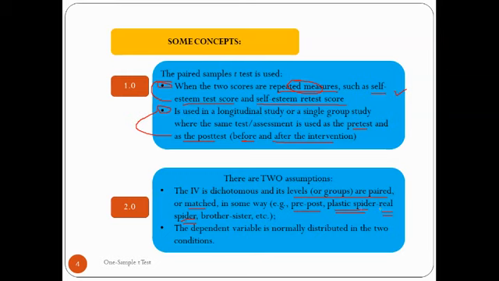So in this situation, the groups are paired, or the levels are paired or matched in some way. Or as I said earlier, you want to know whether children's brothers or sisters spend more time on social media. A paired sample t-test is an appropriate choice.